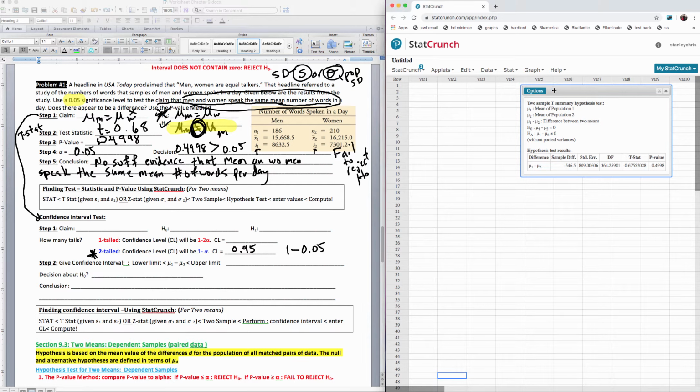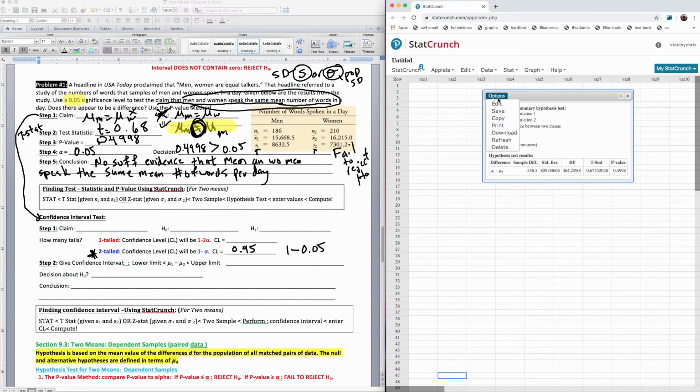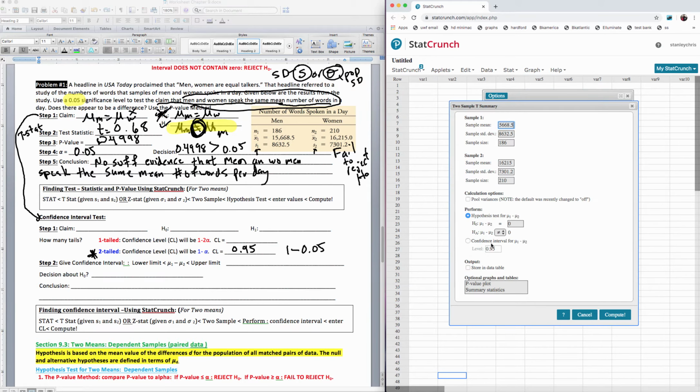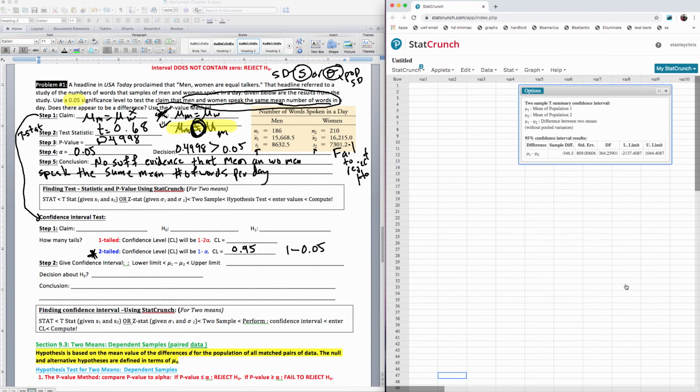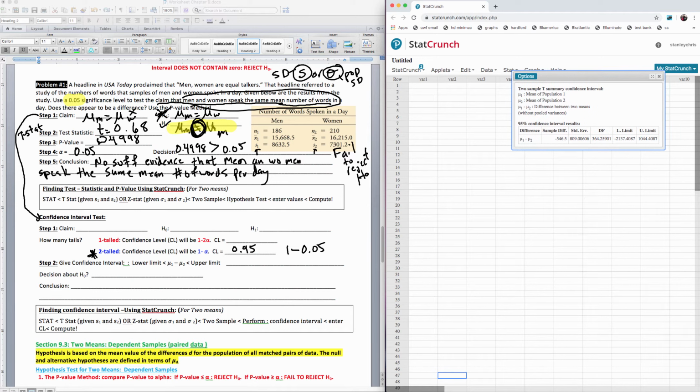We're going to go back, and so I don't have to put the data all in again, I hit options, edit, all the data is in already. Change the confidence level to 0.95. And the same idea goes, I'm looking for a 0 in the interval. So my lower and my upper from over here.